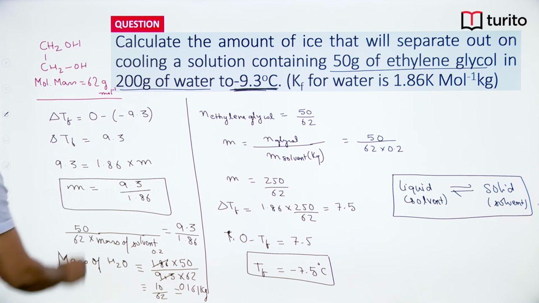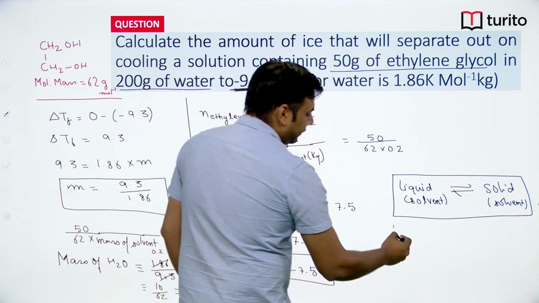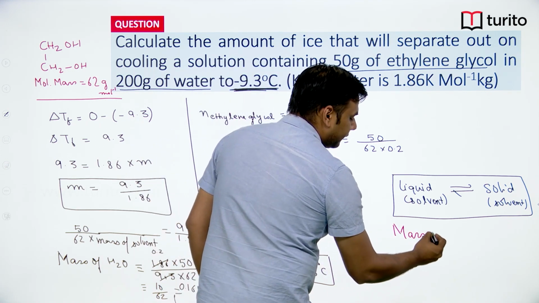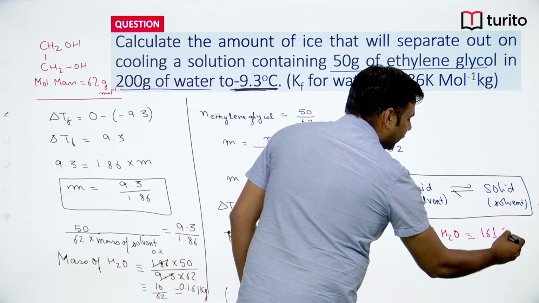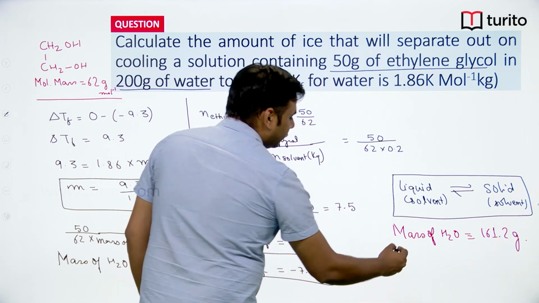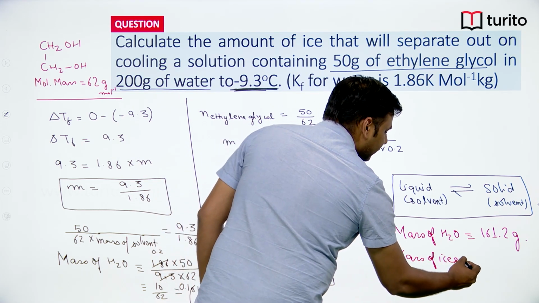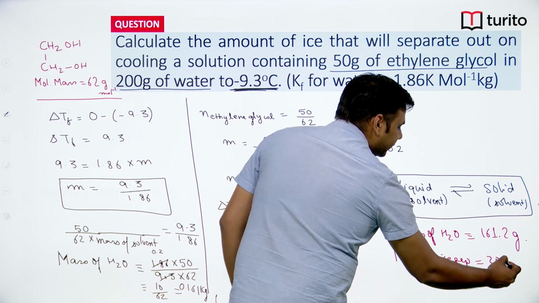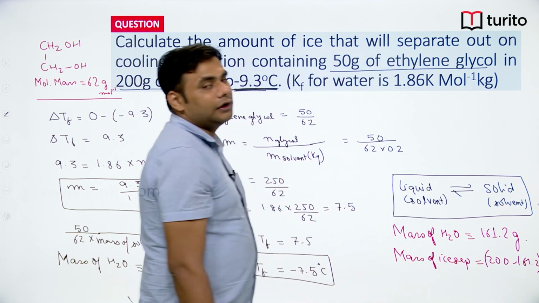So the mass of water in the final solution is 161.2 grams. So the mass of ice that would be separated would be 200 minus 161.2 grams. Hope this is clear to you now.